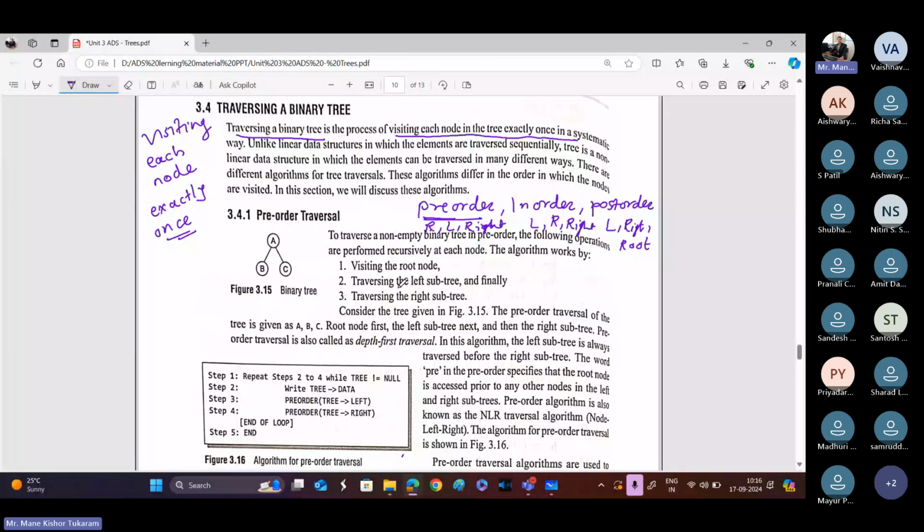So inside the pre-order, first we visit the root node, then second the left subtree and third the right subtree. Okay, so this is the sequence, first, second, and third.